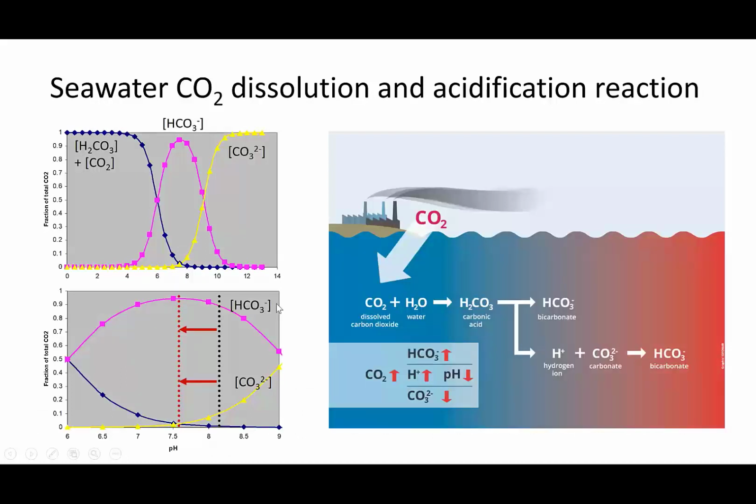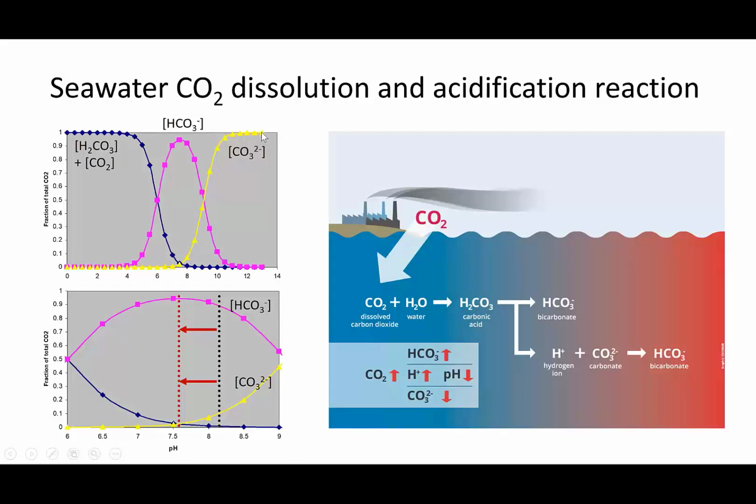This plot on the left here shows that calculation going from a pH of 0, so highly acidic, through to highly alkaline, and the change in species that occur as the pH increases or decreases, becoming more acidic in this direction.